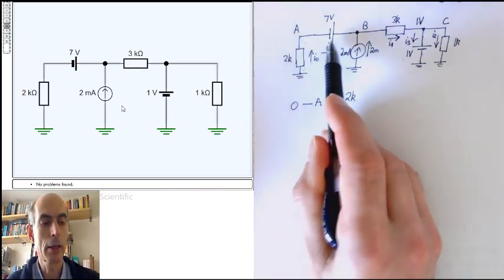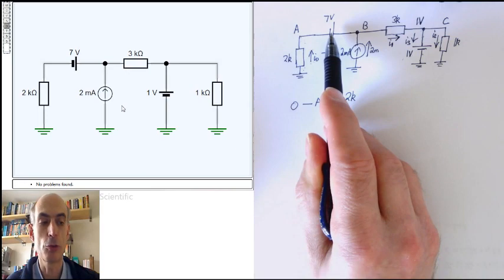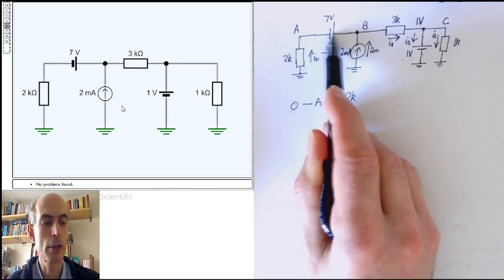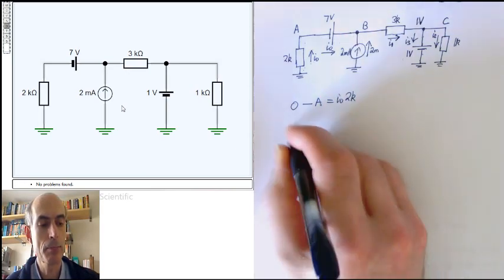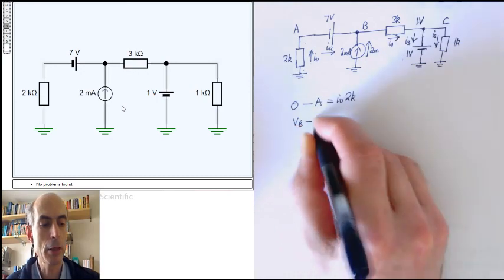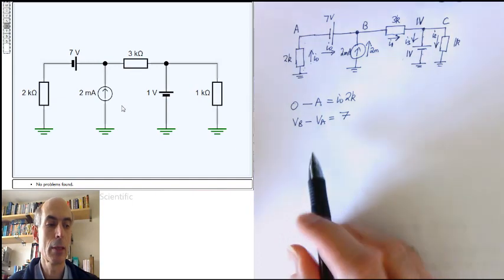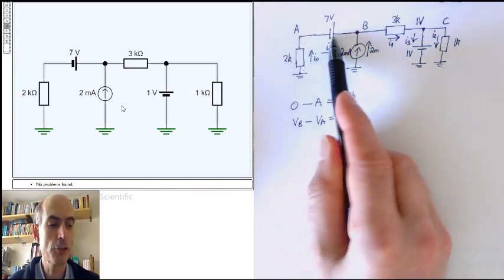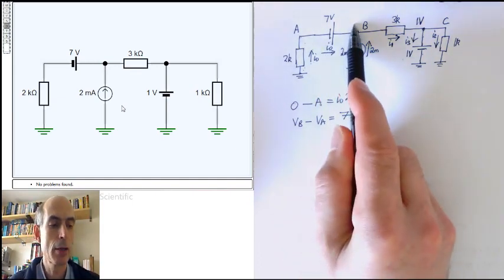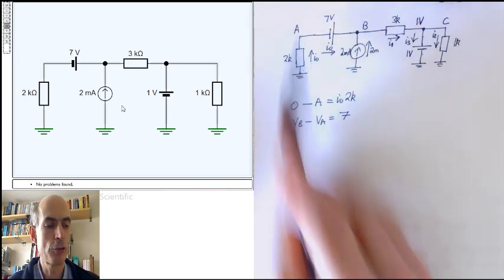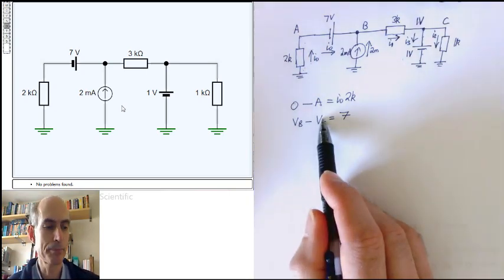Then, applying the voltage source equation to this voltage source here tells me that VB, the voltage at B, minus VA, the voltage at A, is 7. That's what this voltage source does. It maintains the voltage here at 7 volts above the voltage here. That's my second equation.